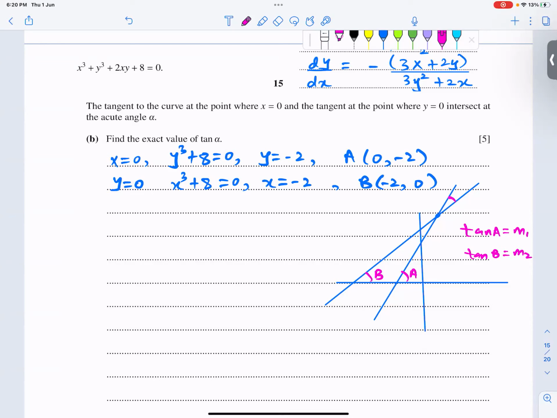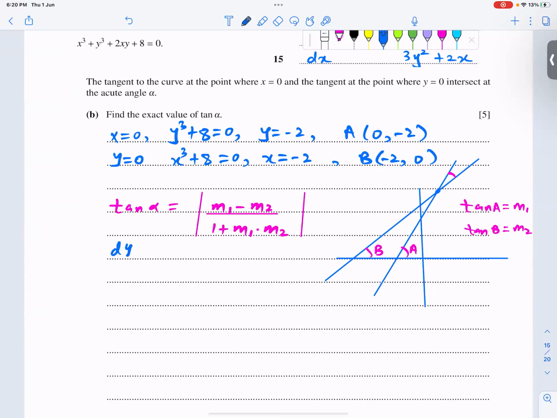We have studied in class that using these two things we have a formula: tan alpha, because alpha is the angle between the two tangents, is the difference of the two gradients divided by 1 plus the product of the two gradients.